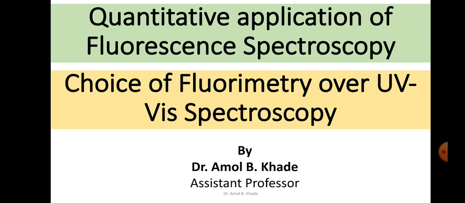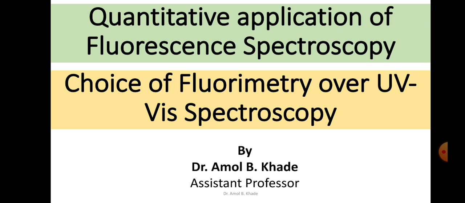So in today's session we will be discussing a very important concept, that is quantitative applications of fluorescence spectroscopy and the choice of fluorimetry over UV visible spectroscopy or absorbance spectroscopy. We have seen the principle and theory of fluorescence spectroscopy.